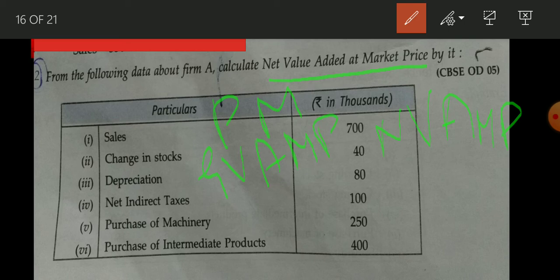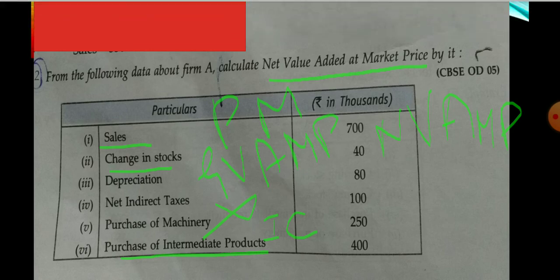So here you can see sales is given, change in stock is given, and purchase of machinery is never considered as an intermediate consumption. Why? Because machinery is a final good. And purchase of intermediate production is considered as an intermediate consumption. So let me start it. I think you are able to find it out.